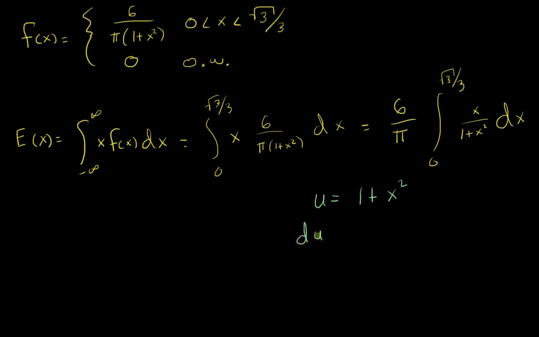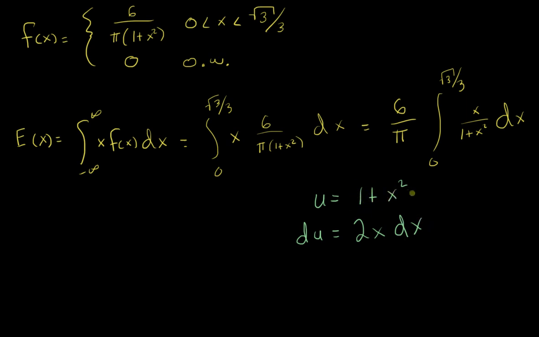So du, taking the derivative of u, the derivative of 1 is 0, so I don't need to write it, then plus 2x dx.